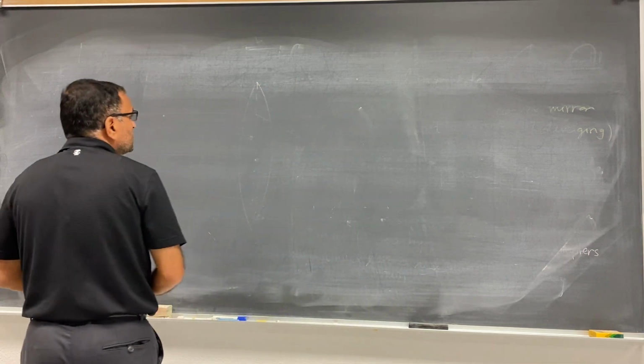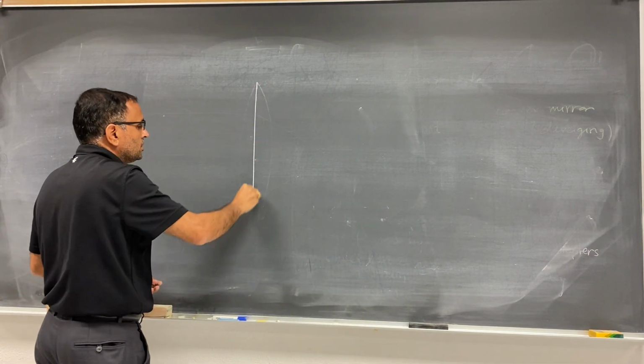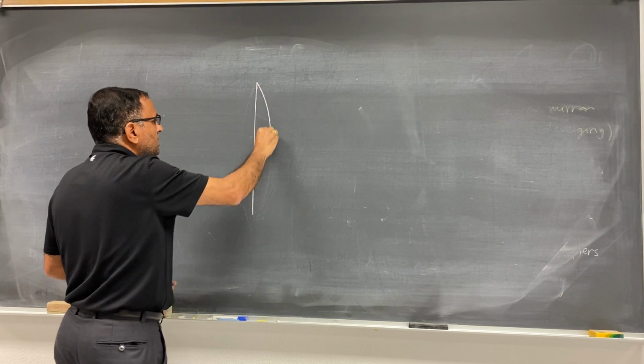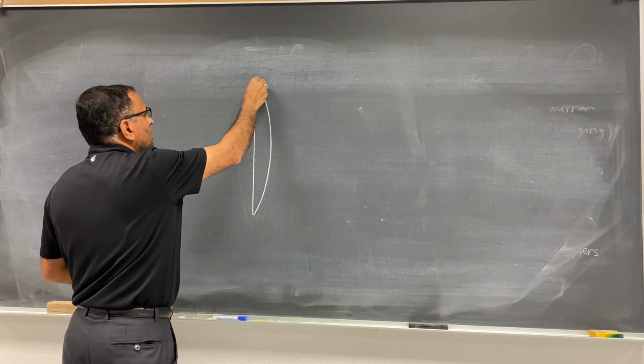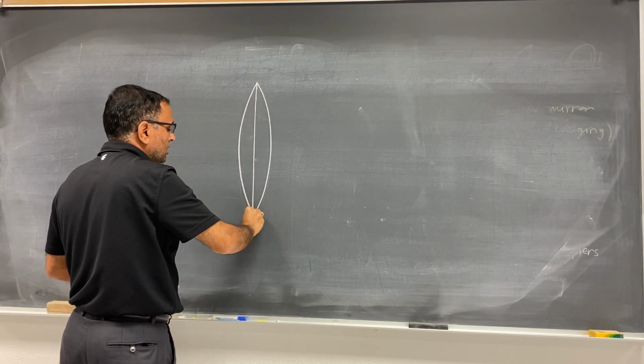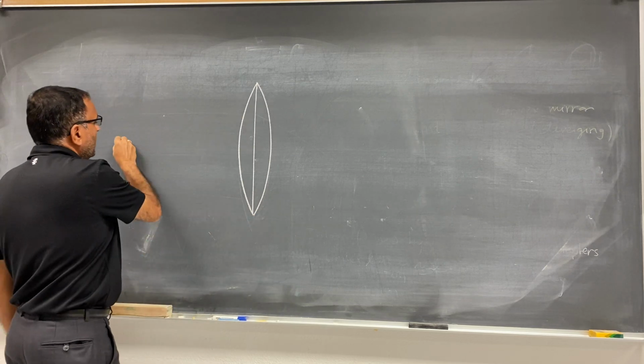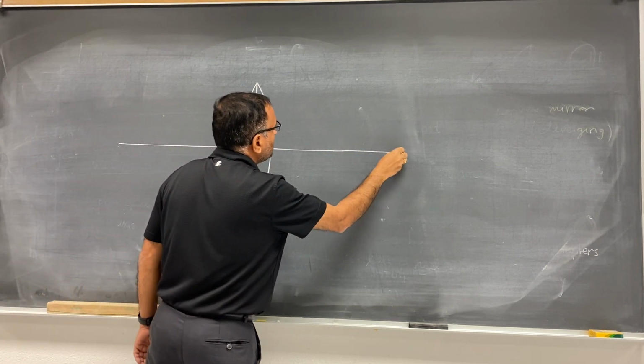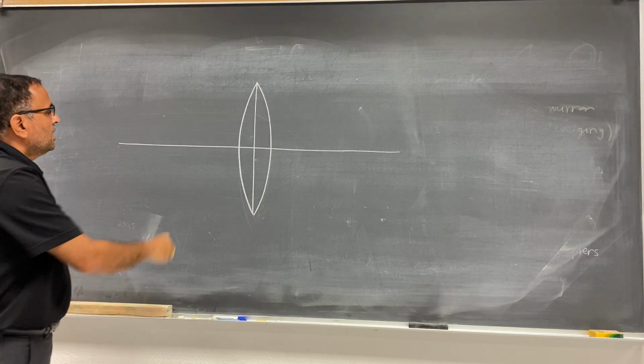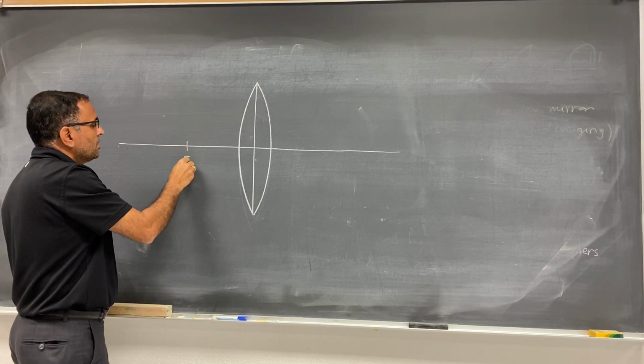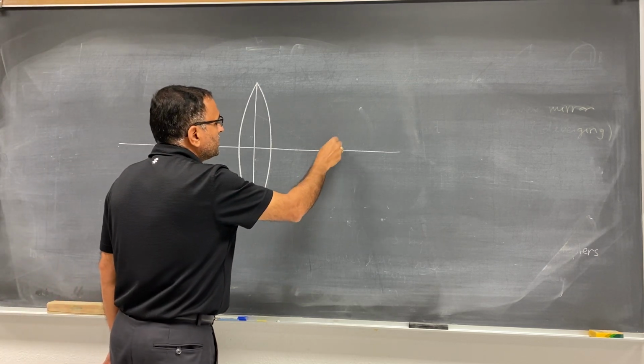Let us suppose this is the convex lens, and this is the principal axis, and there is one focal point here and another focal point there.